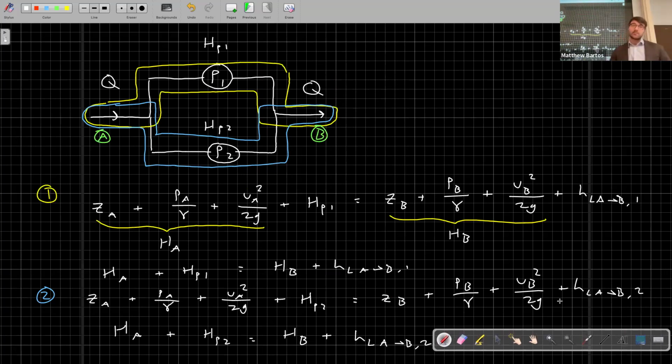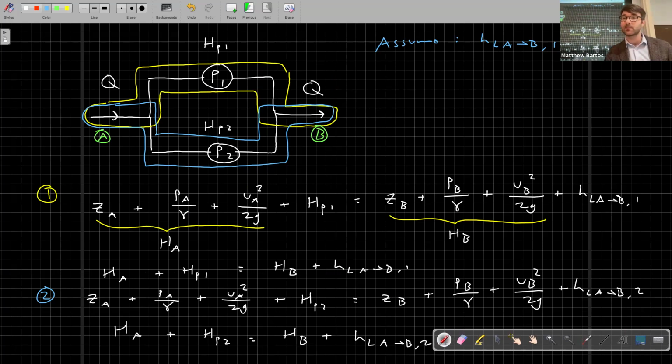So let's assume that the head losses over these two paths are going to be basically the same. Let's say it's a short segment of pipe, so you're not going to get very many frictional losses over this length of pipe.